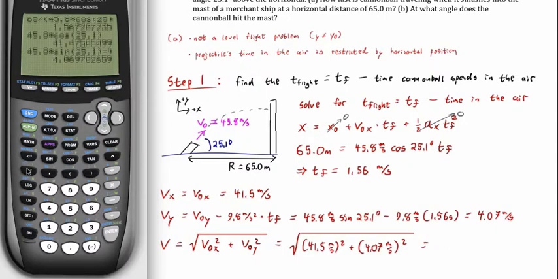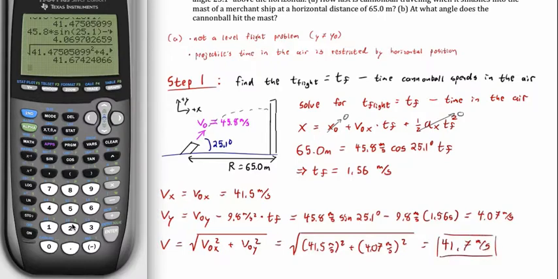We'll take the square root function, and then we're going to get our x component here and square that, and then we will add the y component as well, also squared. Okay, so that gives me 41.7 as the final speed. So that is our answer to part A.